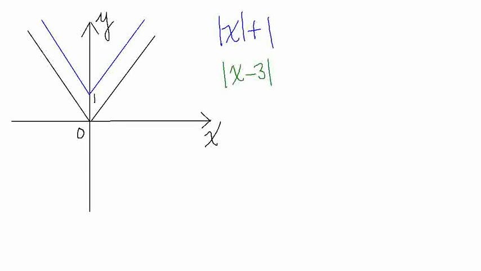Okay, so the graph is going to be shifted to the right by 3. So it's going to look something like this. Okay, and instead of going through the origin, it's going to have an x-intercept of 3.